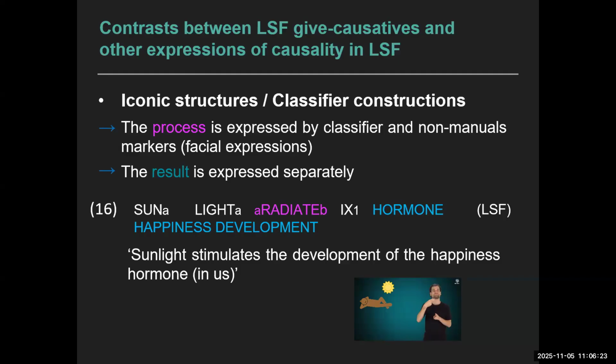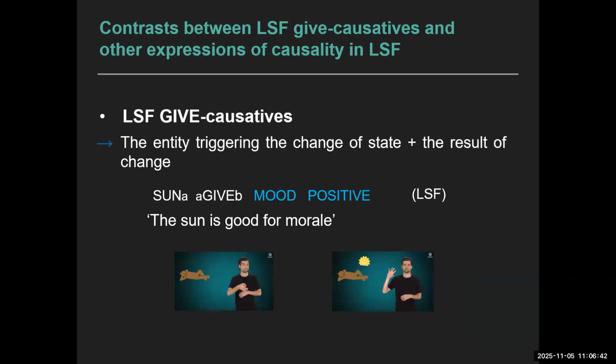The radiation of the sun causes a hormone development, stimulates the development of the happiness hormone. So we can see this directionality by way of the radiation of the sun.